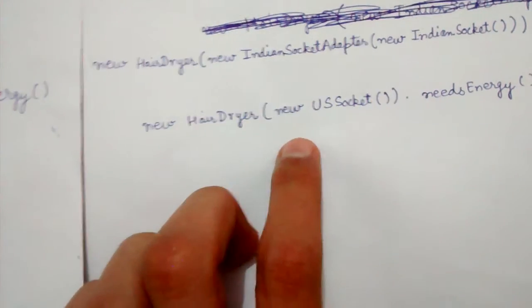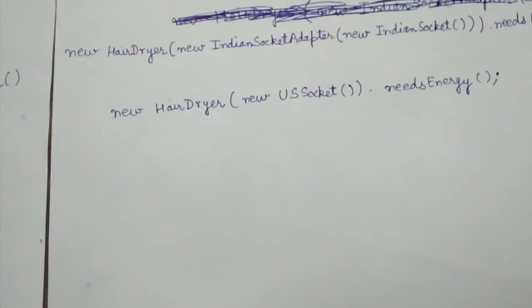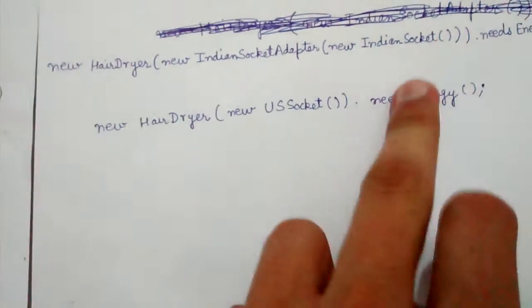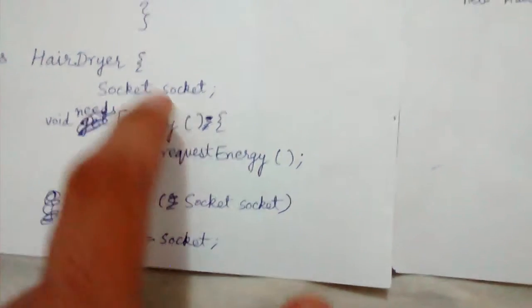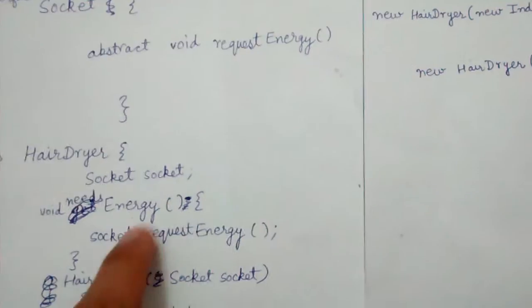Then we call the needs energy method of the hair dryer, which internally calls socket.request energy. The client knows that the socket interface has request energy, so it will call this.